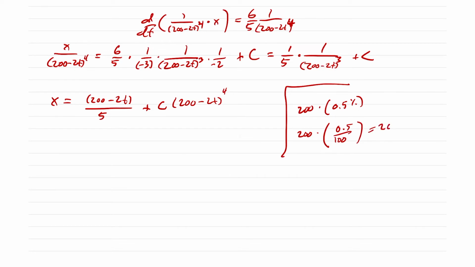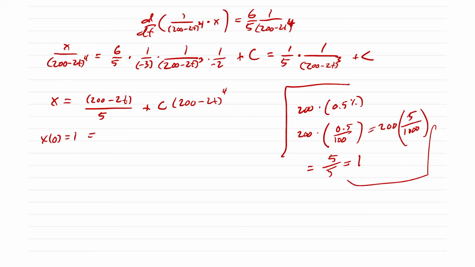That's going to be 200 times 5 divided by 1,000. And so then that's going to be 5 divided by 5, because 200 goes under 1,000 5 times, and that's just 1. Okay, so x of 0 should be 1. So x of 0 is equal to 1, and that is going to be 200 divided by 5 plus c times 200 to the 4th power.